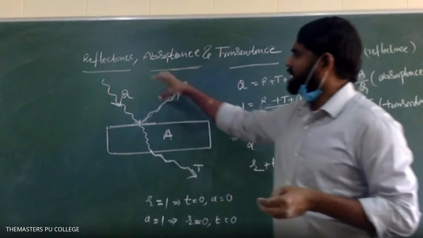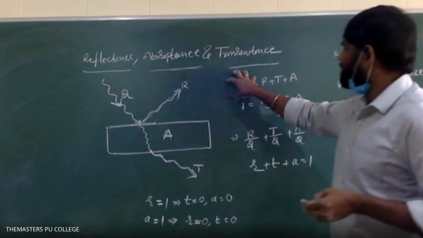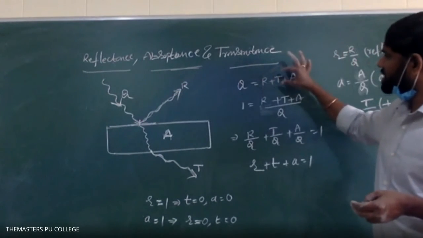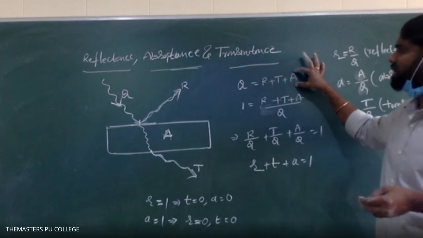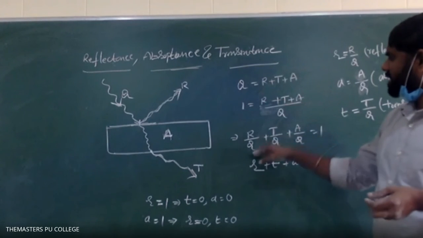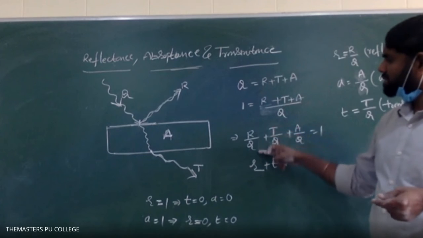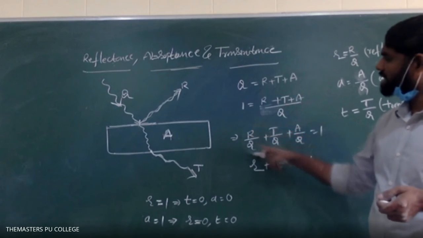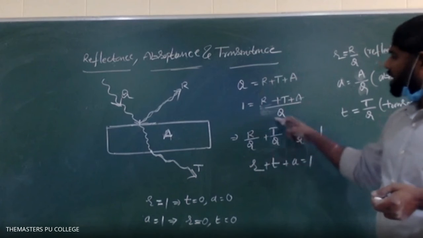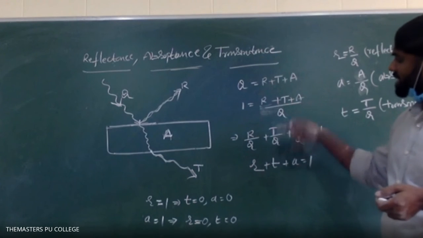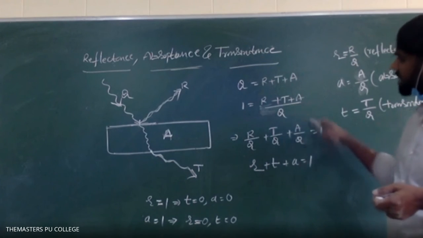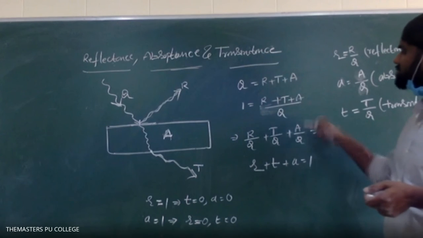Hence the incident energy is equal to the sum of energy reflected, energy transmitted, and energy absorbed. Taking Q to this side, we got this. What does R by Q stand for? R by Q stands for the fraction of the energy reflected. T by Q stands for the fraction of the energy transmitted. A by Q stands for the fraction of the energy absorbed.